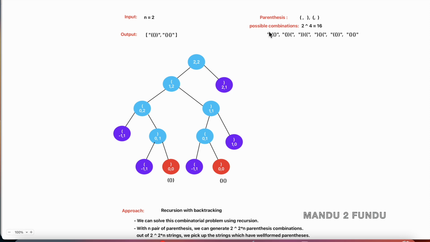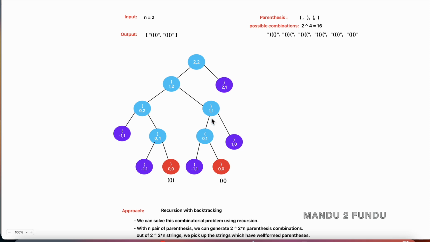We always start with the open parenthesis and then we expect the corresponding close parenthesis, but in this case we see the close parenthesis without any open parenthesis. So in that condition we see the left count is greater than the right count. Whenever we see this condition we can backtrack. We do not have to proceed further to generate the string with length 4.